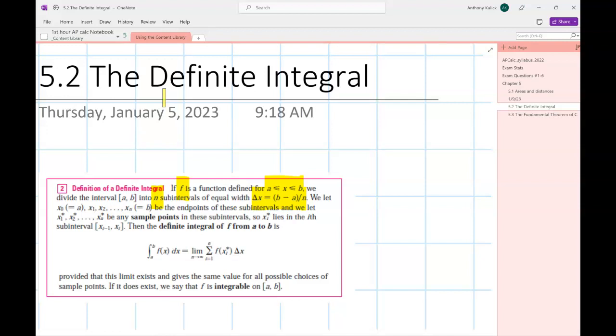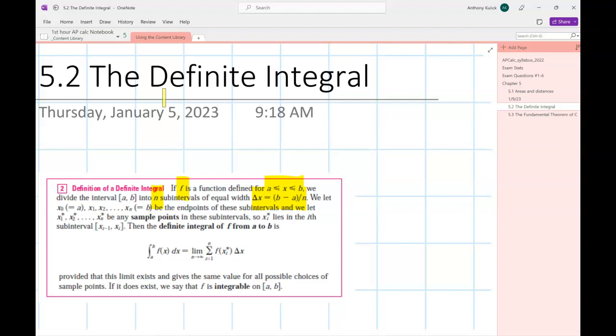So we let x0, which is a, and then x1, x2, all the way out to xn, which is the same as b, be the endpoints of these subintervals. And then we let x1 star, x2 star, through xn star be any sample point.